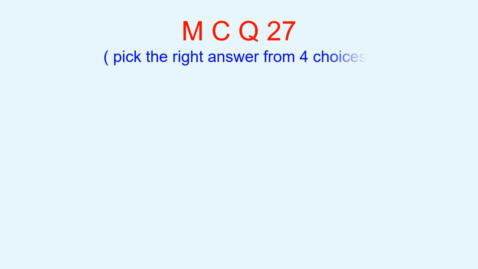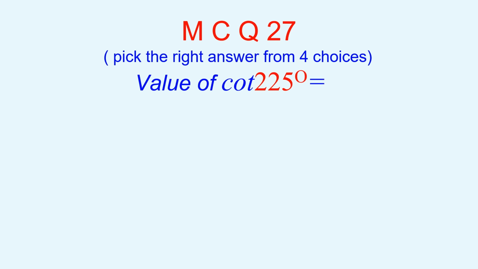MCQ number 27. What is the value of cotangent of 225 degrees? A. Infinite. B. 0. C. -1. D. 1.